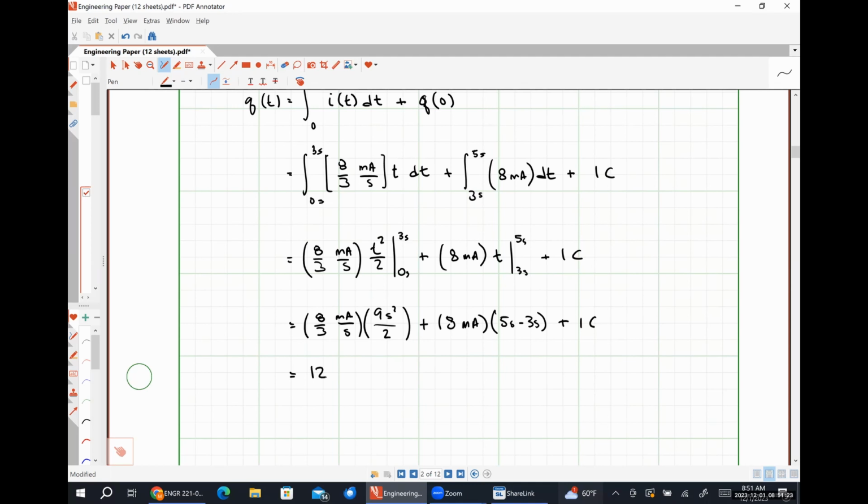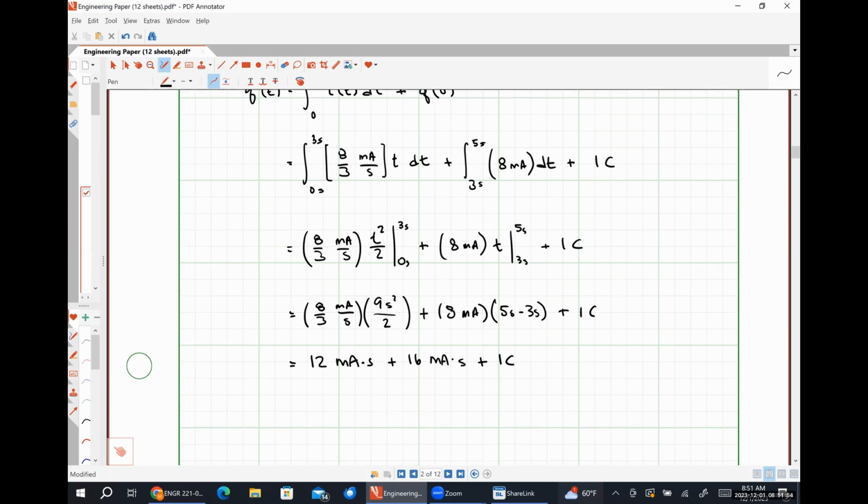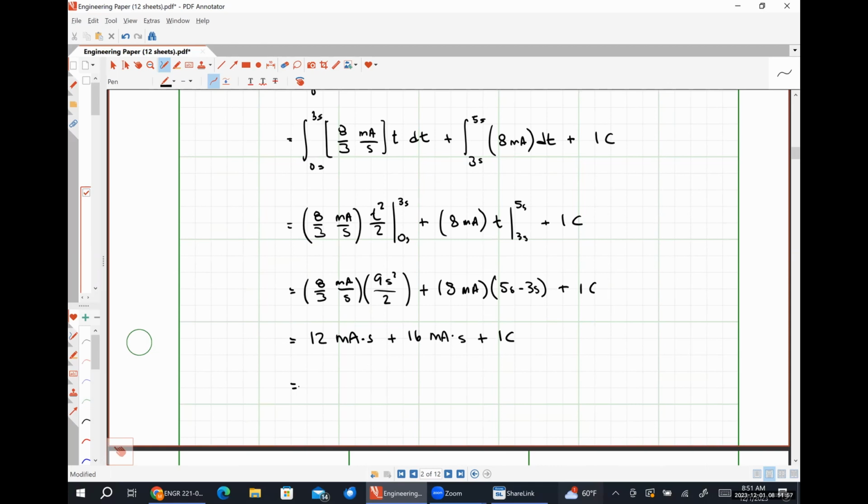Let's look at our units here. So we're going to have milliamps times second squared divided by seconds. So that's milliamp seconds. Then we have 8 times 5 minus 3. So 8 times 2 is 16 milliamp seconds. Plus 1 coulomb. Well, we know that a milliamp is 10 to the minus 3 amps, so this will be 12 times 10 to the minus 3.